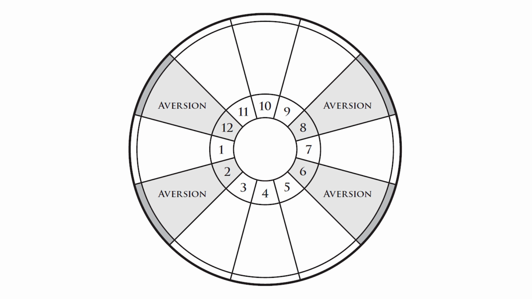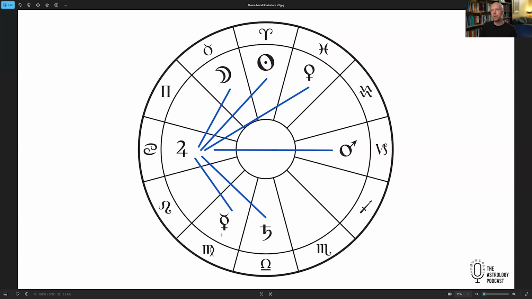So this is why, especially the sixth, eighth, and 12th houses have negative associations in Hellenistic astrology because of their lack of configuration to the rising sign. And interestingly, none of the planets in their exaltations are in one of those bad houses when you superimpose them on the Thema Mundi.